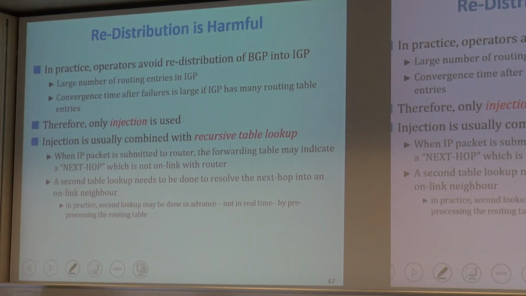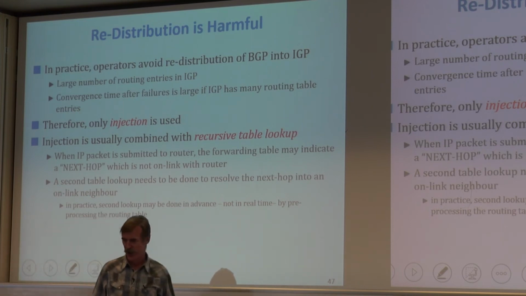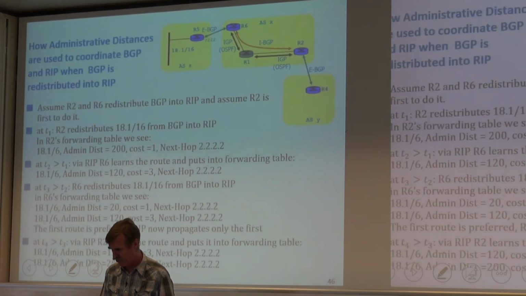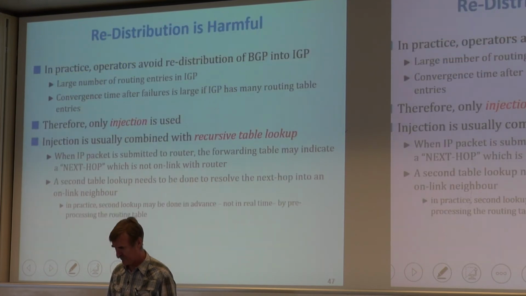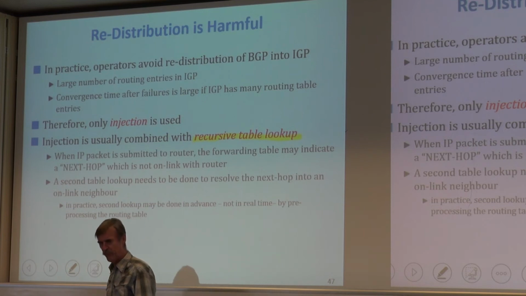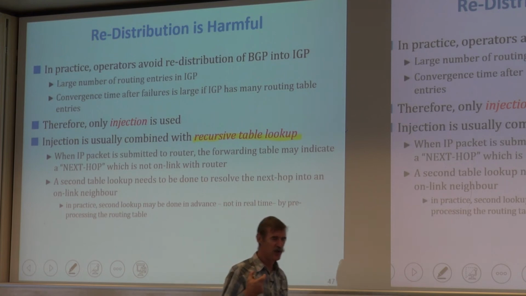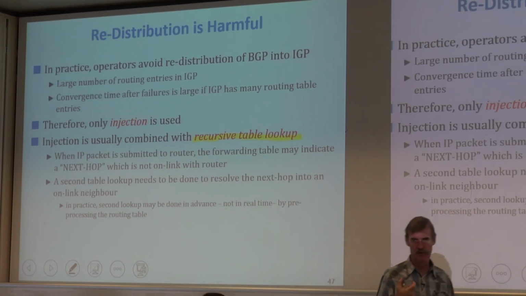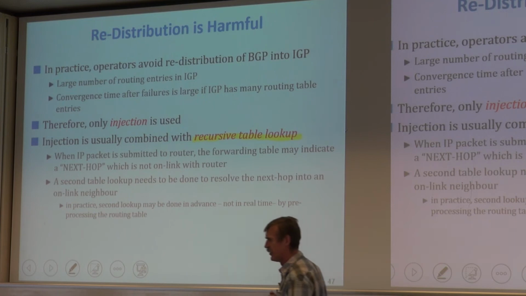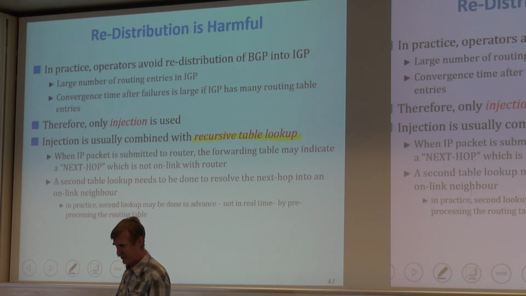In practice, therefore, we don't do this natural thing called redistribution, and we do injection. But if we do just injection, we need another ingredient, which we haven't seen so far. And if we look exactly at what routers do in practice, injection works only in combination with what is called recursive table lookup. What is that? Let me explain on this example.